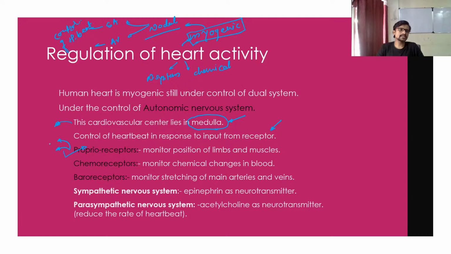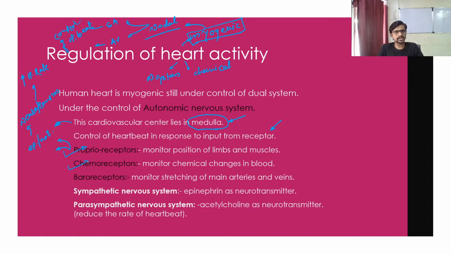If you are exercising, the more movement of your limbs and muscles activates the nervous system, and the nervous system releases epinephrine and norepinephrine as neurotransmitters. This results in a high heart rate. So the proprioceptor monitors the position of the muscle, it monitors that you are doing a hard workout, and the heart rate automatically increases because of these proprioceptors.